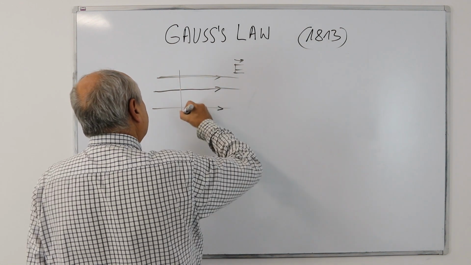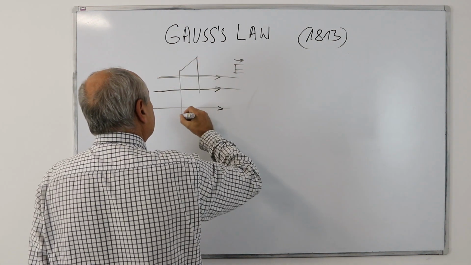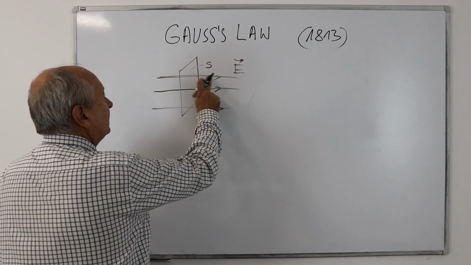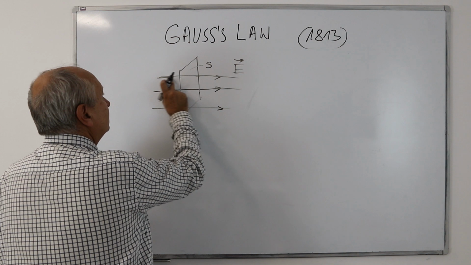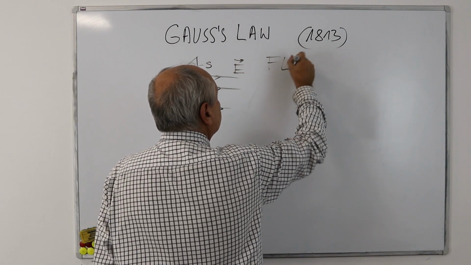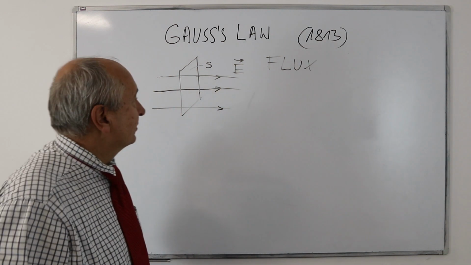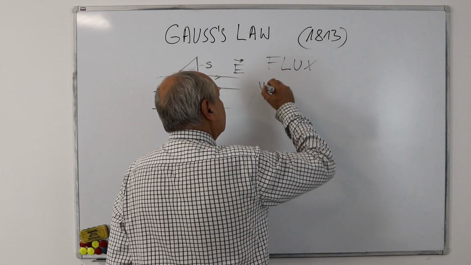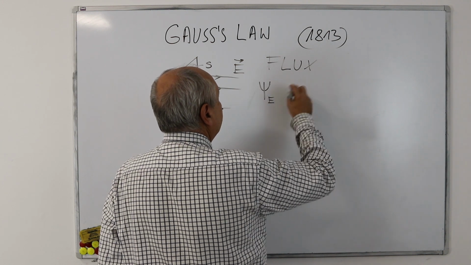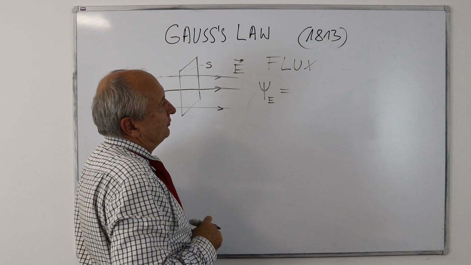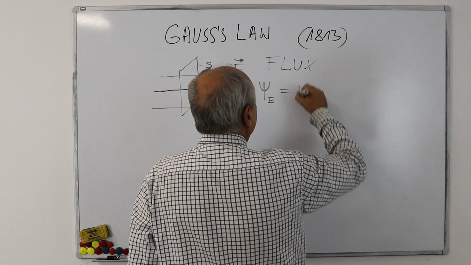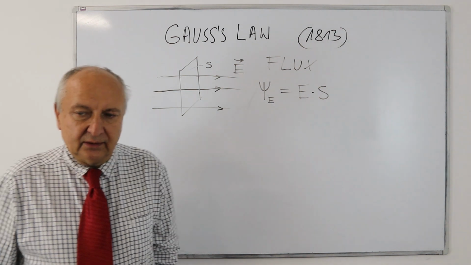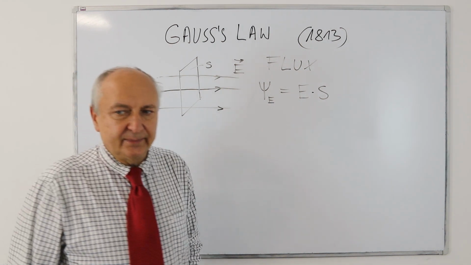If we put perpendicularly to this line a surface S, we can calculate the flux of vector E through surface S. The letter phi will be used for flux, from the formula E multiplied by S. This is the simplest way to calculate the flux.